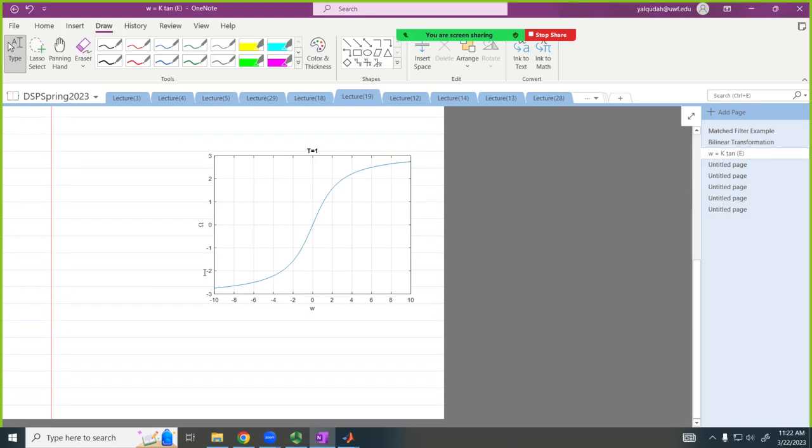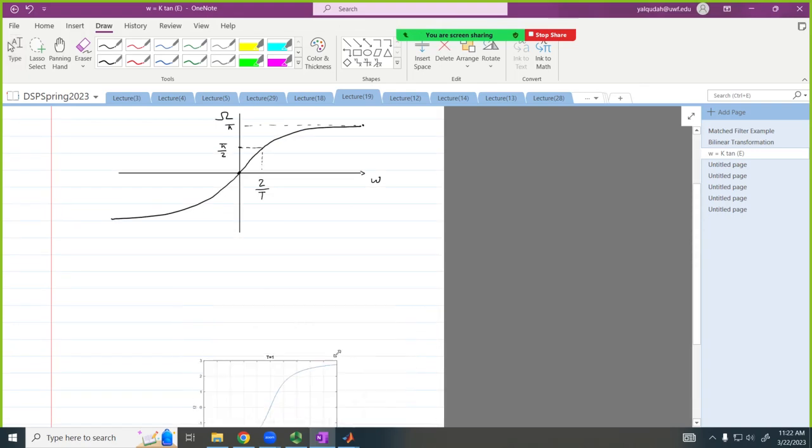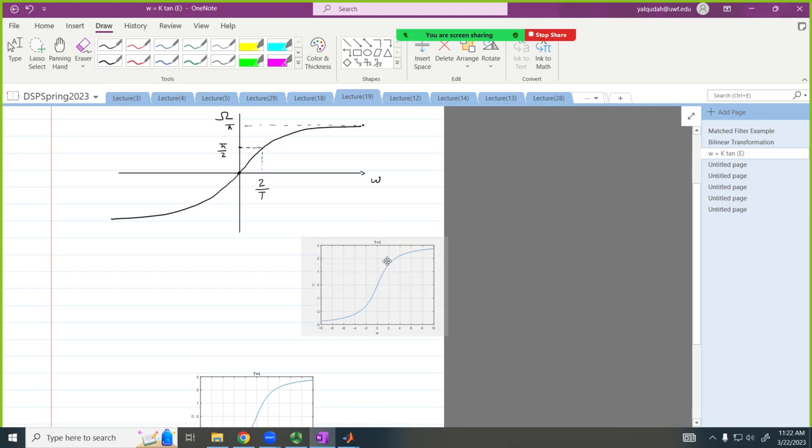Okay. So what do we notice about this plot? Let's make some observations here before we move on. When the frequency W is very small, when W is much smaller than 2 over T, what does the mapping look like? Linear. Very, very linear, very good.